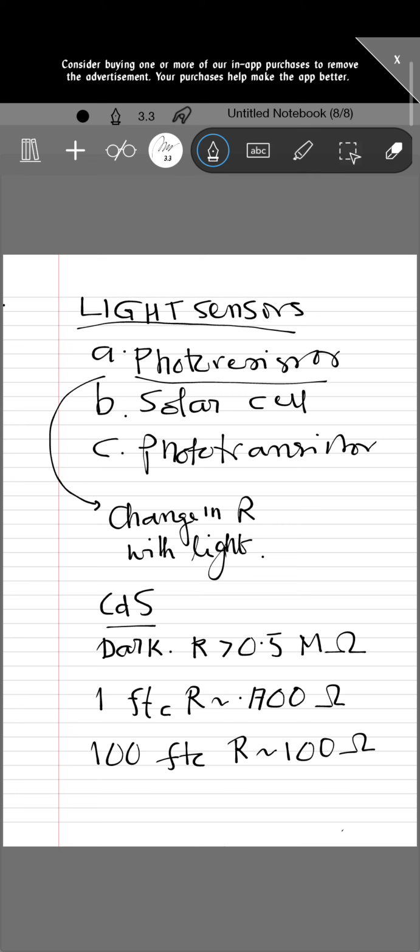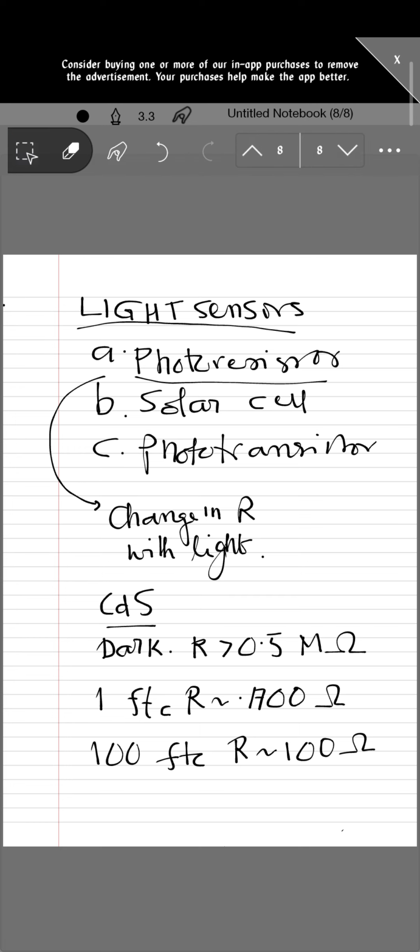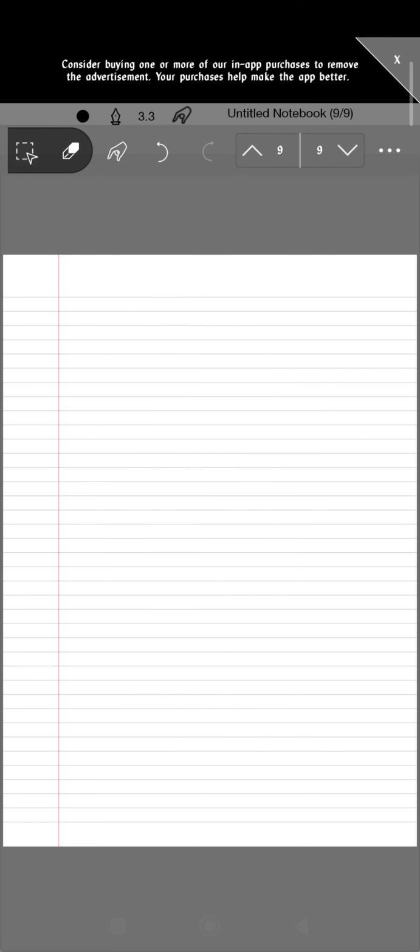So in fact, with the application of light, the current is increasing and the resistance towards the flow of current is decreasing. Now this can be presented graphically in this fashion. We have resistance plotted in the y-axis, and light intensity plotted in the x-axis.